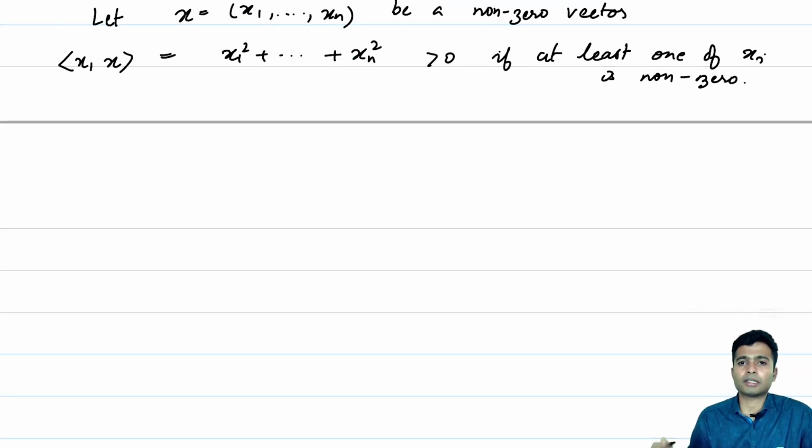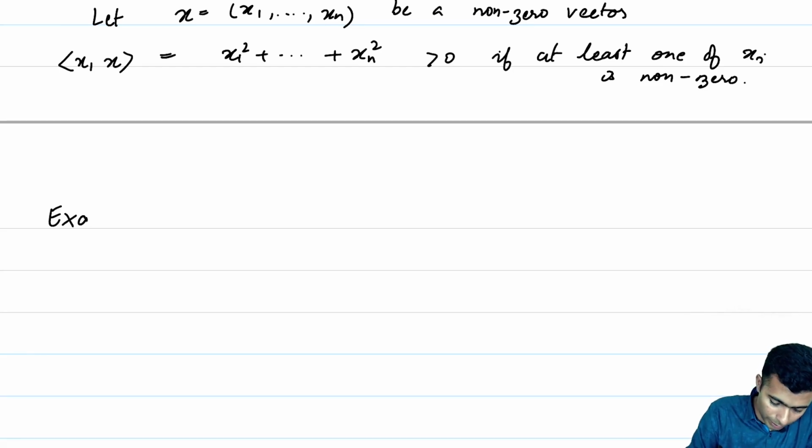But having said that, we could define other inner products on Rn as well. So let me just give you another example before. Okay, so before that, what is it going to manifest as on the vector space R? So let's just go into a second example.